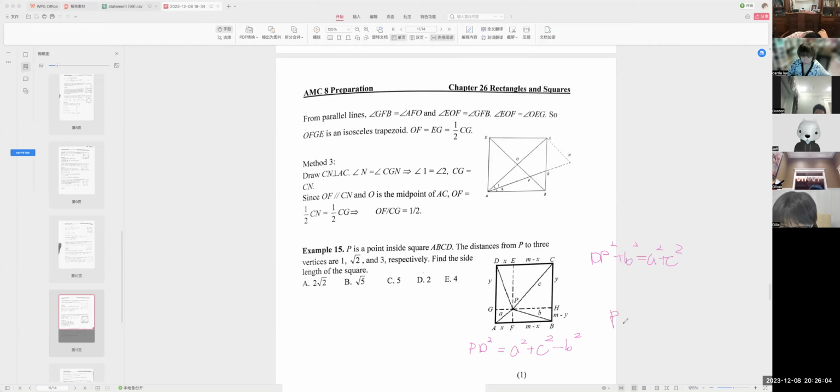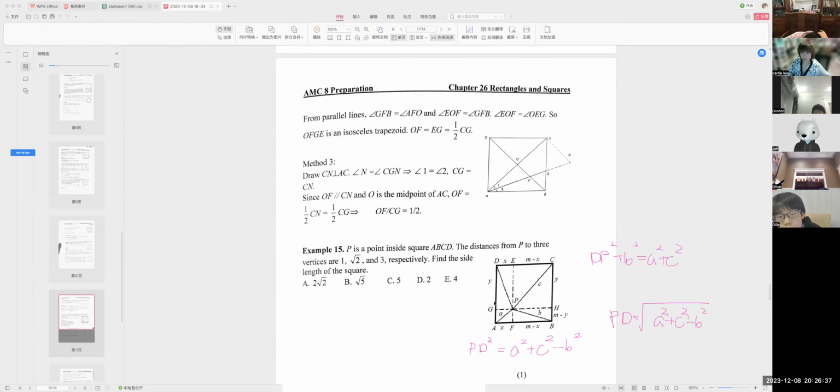Okay, so PD equals A squared plus C squared minus B squared, correct?